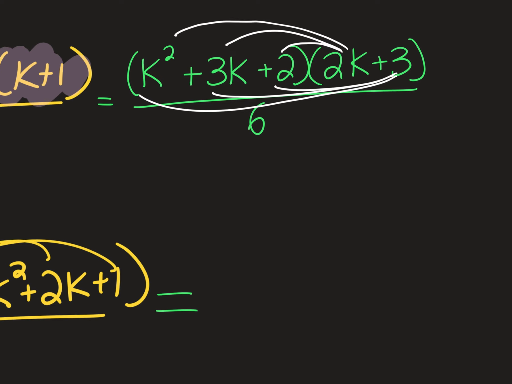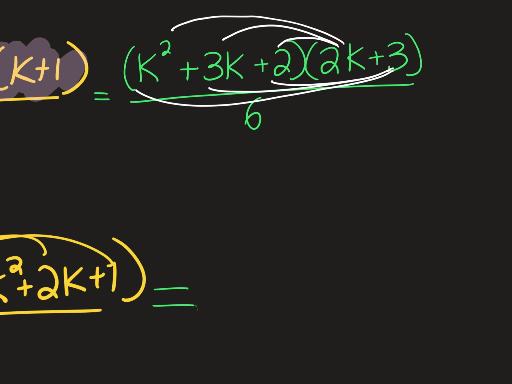All right, so let's distribute the 2k. So we have 2k times k squared. That's going to be 2k cubed. And then we have 2k times 3k. That's going to be 6k squared. Then we have 2k times 2. That's 4k.